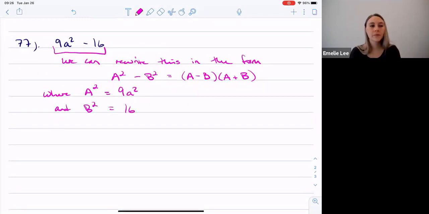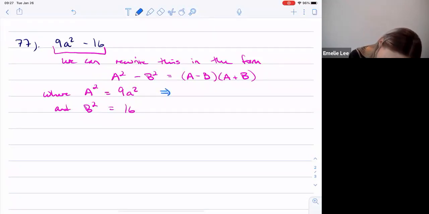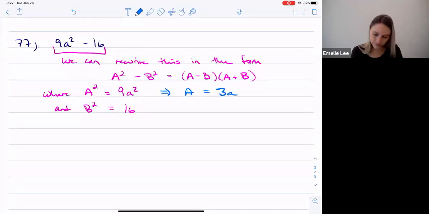Okay. So from here, we need to make the leap that, if a squared is 9a squared, then a must be 3a, right? If I bring in that square onto each of those terms, then a must be 3a.